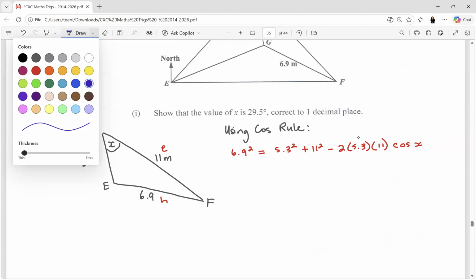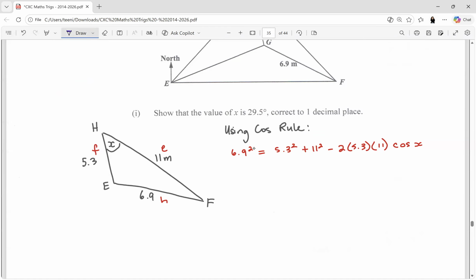All right, and now we need to make X the subject. So on your calculators, you'll work this out with me, please, because when using the cosine rule to find the angle, I find that students make mistakes with it.